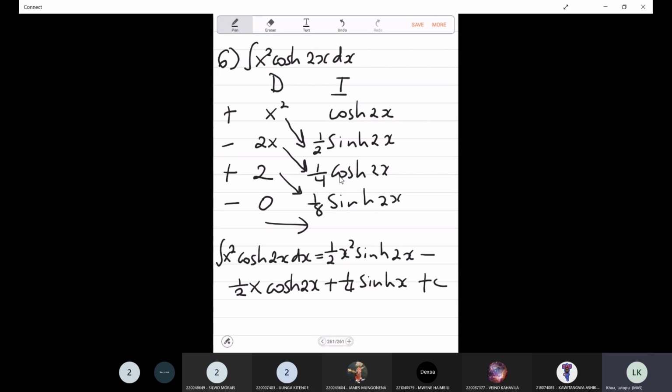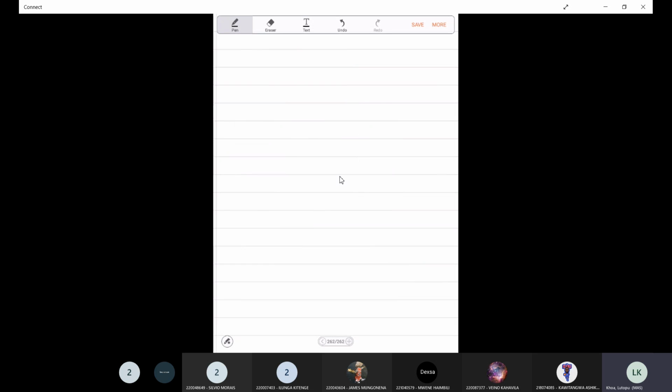Number 10. The integral of, well, this is a definite integral. We have x e to the power of minus ax dx.